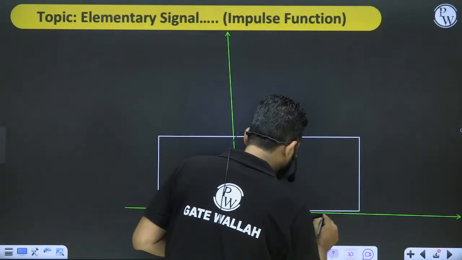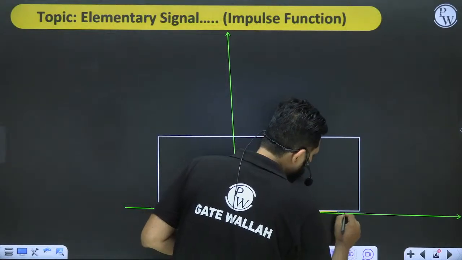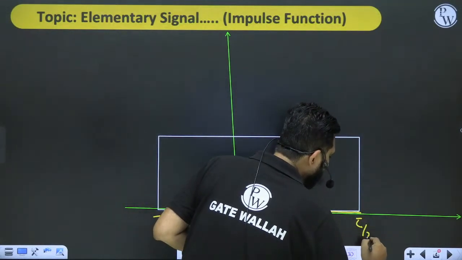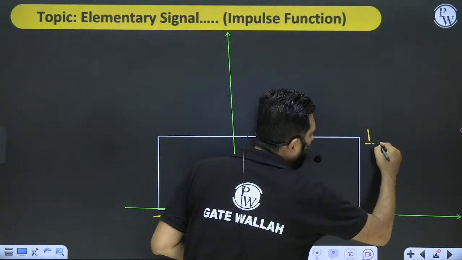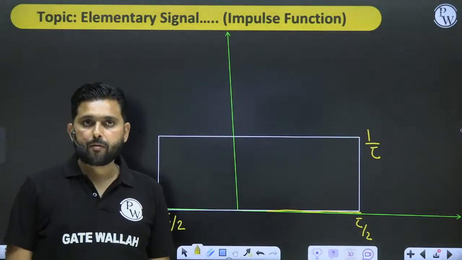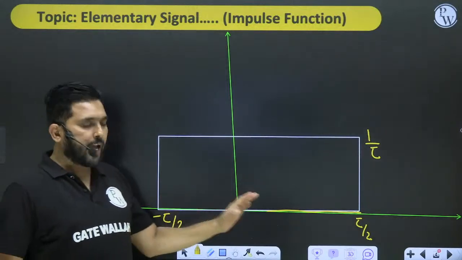This is a rect function, forgive my drawing. It has a height of 1 by tau. Suppose I have this function, which is a rect.